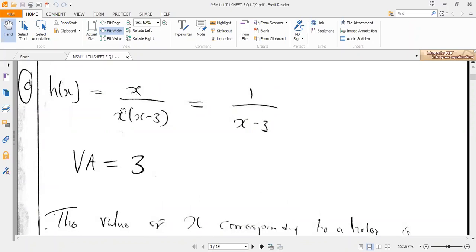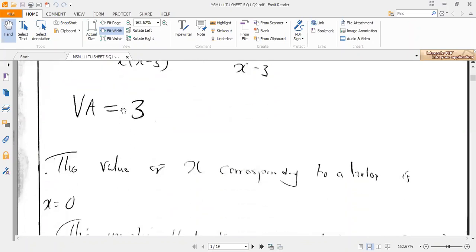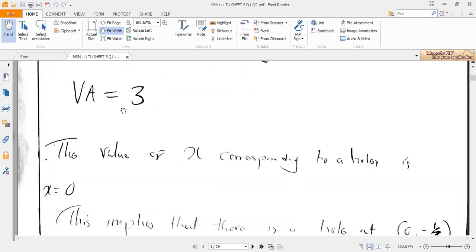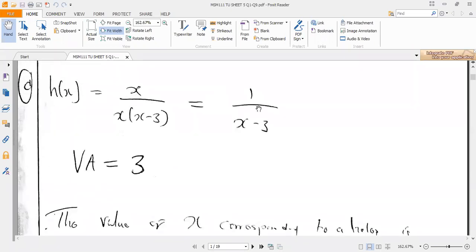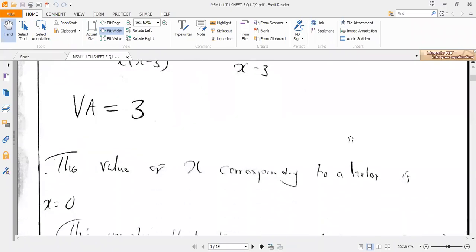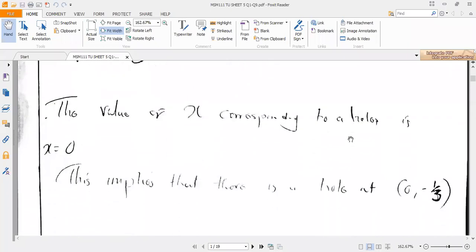So when you find the value that corresponds to your hole, you have to plug it into this new function, which is here. So when we put 0 for x here, we have 0 minus 3, which gives 1 over negative 3, which will be your y value. So when you're plotting the hole, you just plot where x is 0: you have 0, negative 1 over 3, where 0 is your x value and negative 1 over 3 is your y value. Is it now clear?